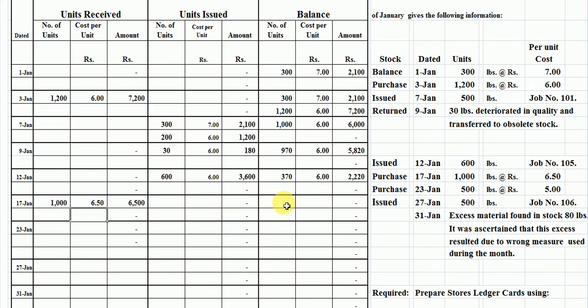Now our current inventory card is 370 pounds at 6 per pound and 1000 pounds purchased at the rate of 6.5. So the inventory card has 370 pounds in the first lot and 1000 pounds in the second lot.